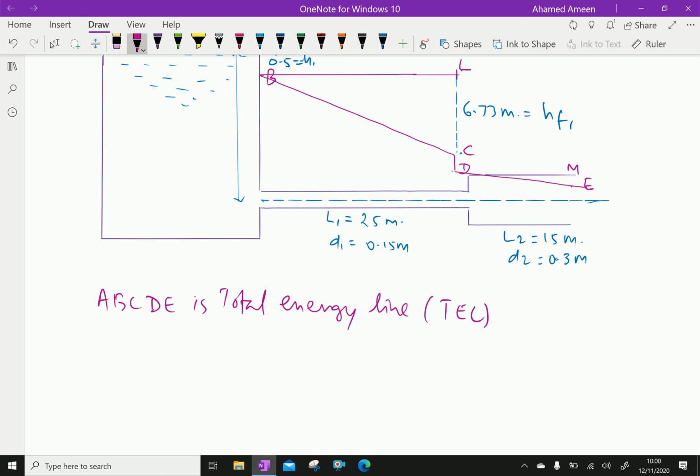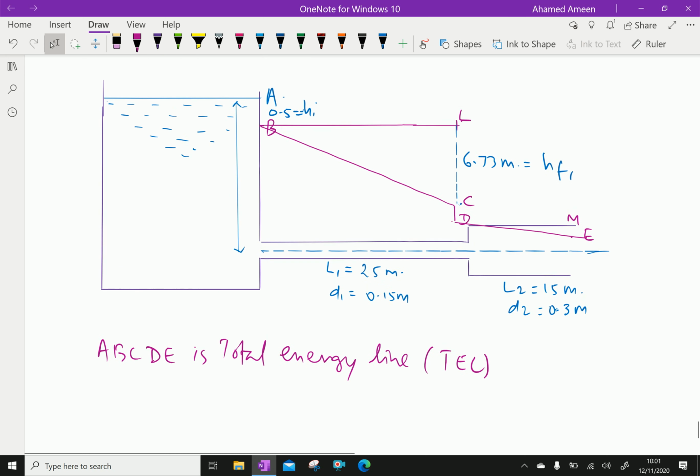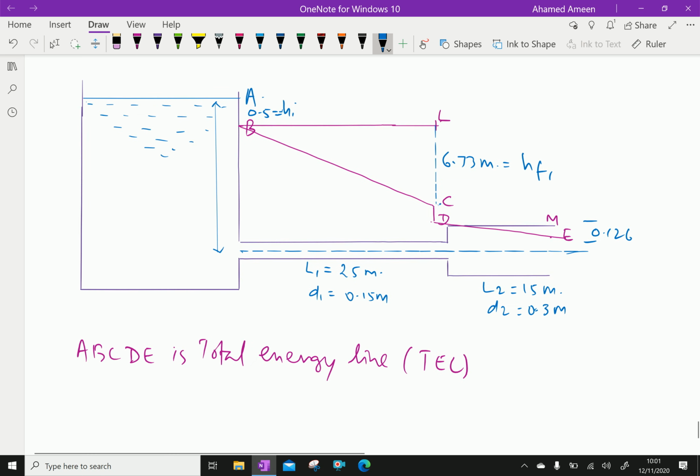This is He, the head loss due to sudden enlargement.